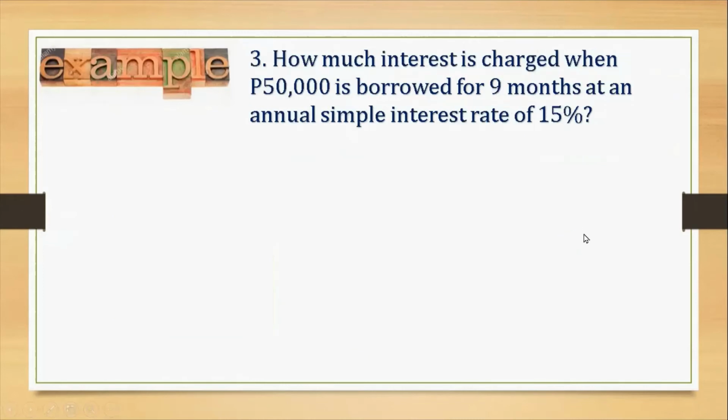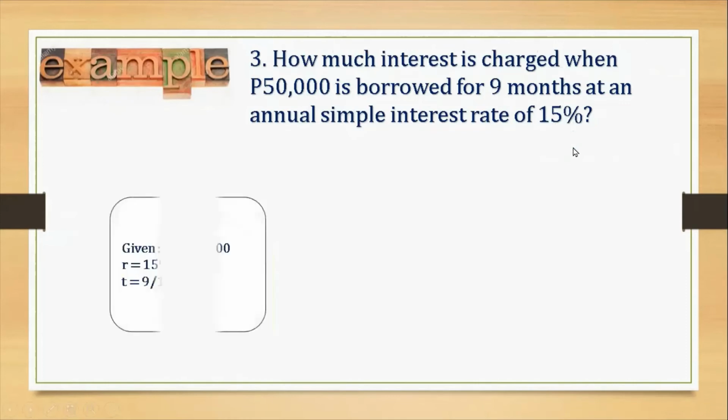How much interest is charged when 50,000 pesos is borrowed for 9 months at an annual simple interest rate of 15%? So you have it there: the 50,000 pesos, 9 months, and we also have 15%.